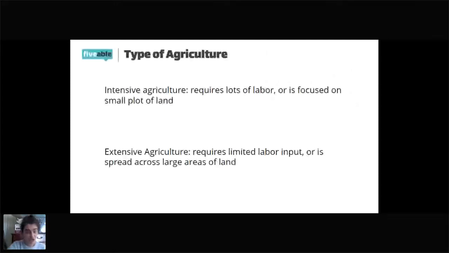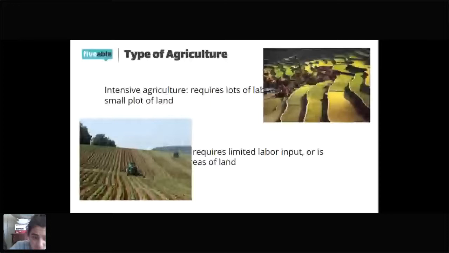So the picture on the left would be an example of extensive, because we can see it's a very large land, and we don't see any workers working. Most of the work is done by machines, and they're more efficient and faster than intensive agriculture.